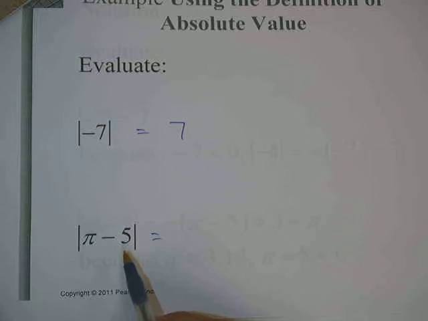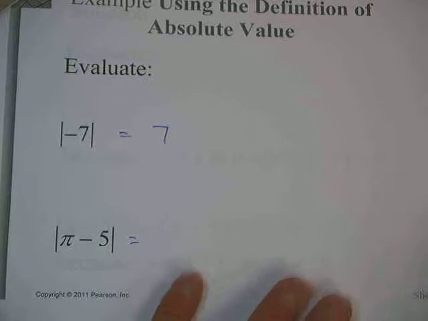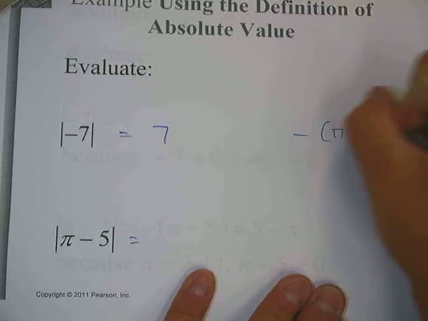But remember what it boils down to is that pi we know is 3 point something, and we know that 5 is 5. Keeping in mind that 3 minus 5 essentially is going to be a negative number, isn't it? So based on our definition, the absolute value of this is going to be the opposite of what's in the absolute value bars here, isn't it?